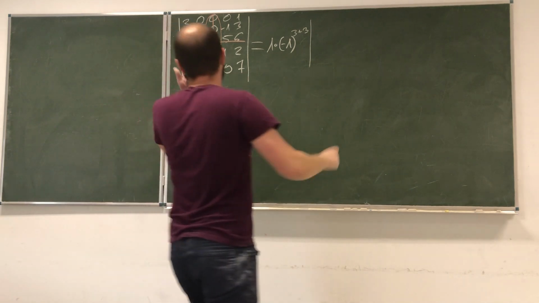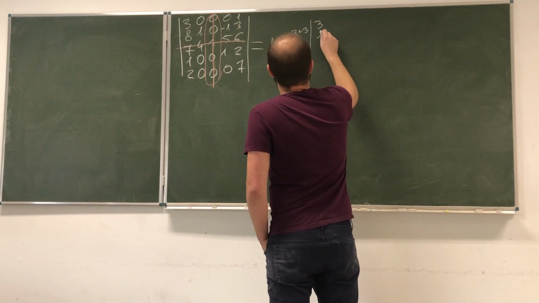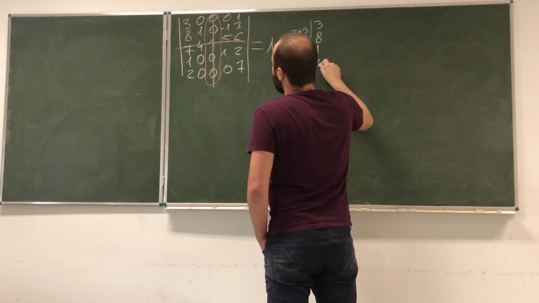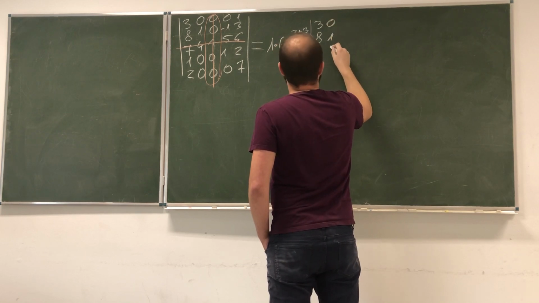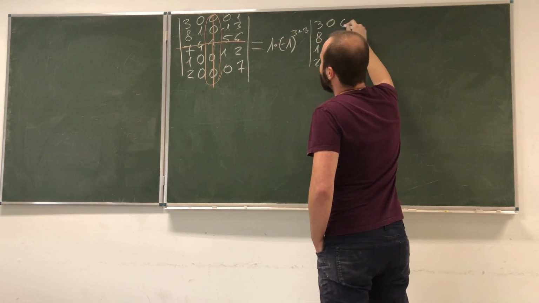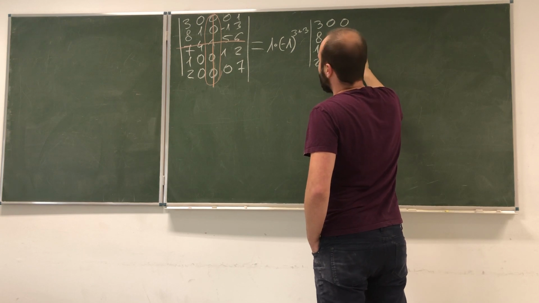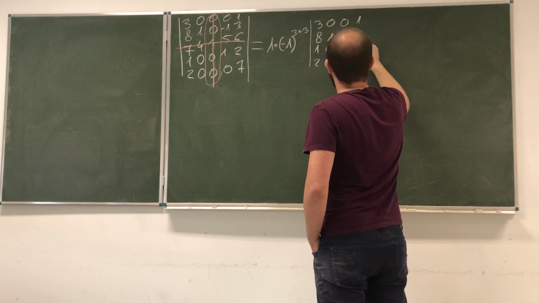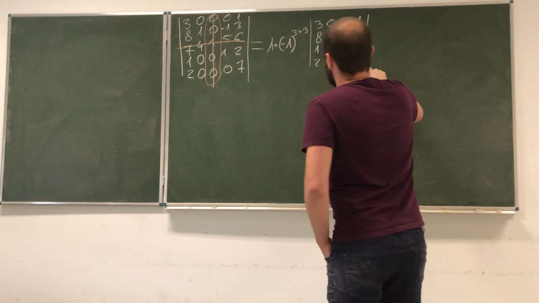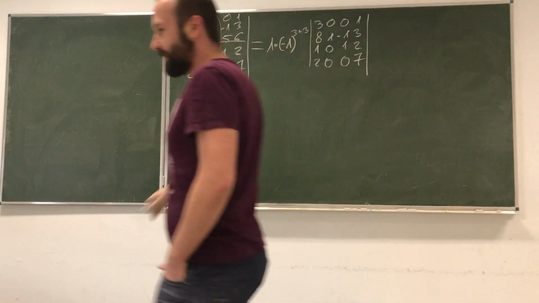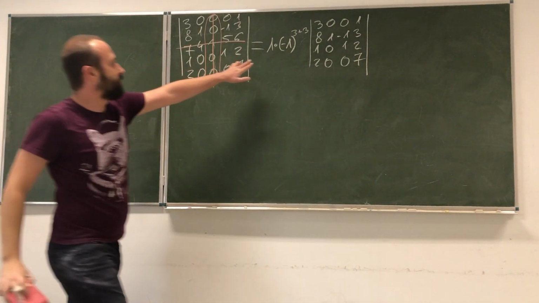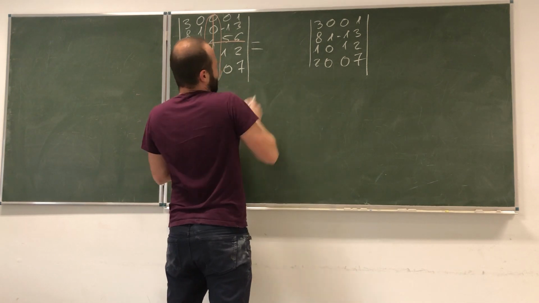So I get that this is 3, 8, 1, 2, 0, 1, 0, 0, 0, negative 1, 1, 0, 1, 3, 2, 7. Okay, and we clearly see that this is going to be equal to 1, so I can skip this.